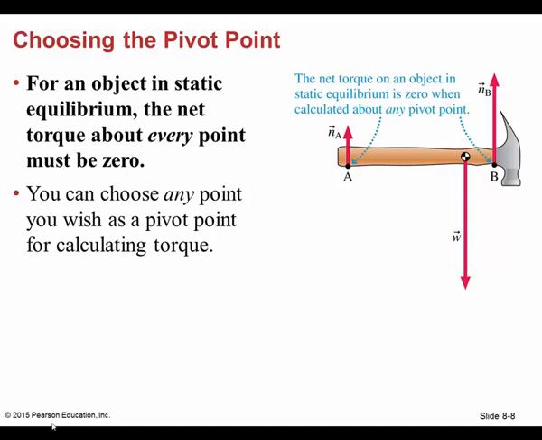Now, for an object in static equilibrium, the net torque about every point must be 0. So the net torque here, the net torque here, the net torque there, has to be 0. Notice it said about every point. You can pick whichever points you want to calculate.